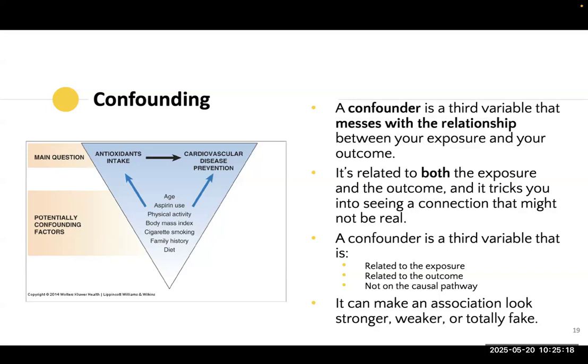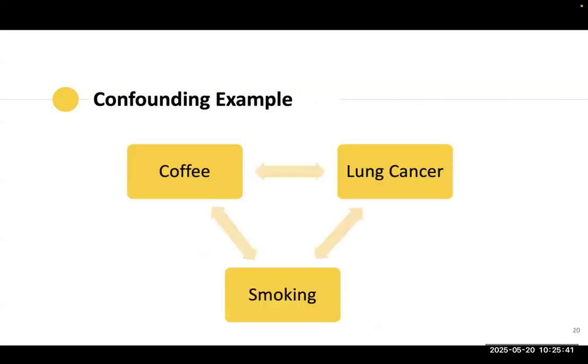Aspirin use affects cardiovascular disease, but aspirin use does not affect your antioxidant intake, and antioxidant intake does not make you take aspirin, right? So those two, the antioxidants and the confounding list here, they're not related, but they all affect cardiovascular disease.